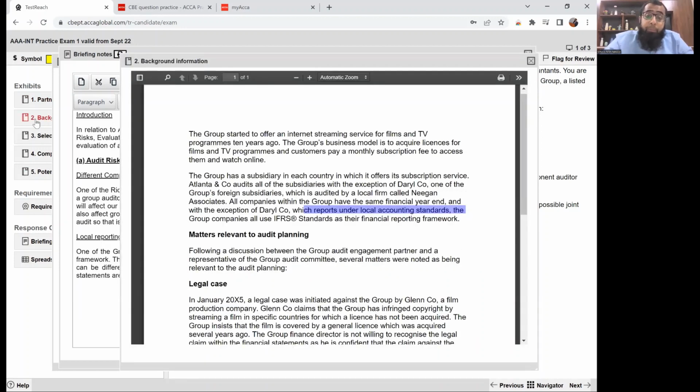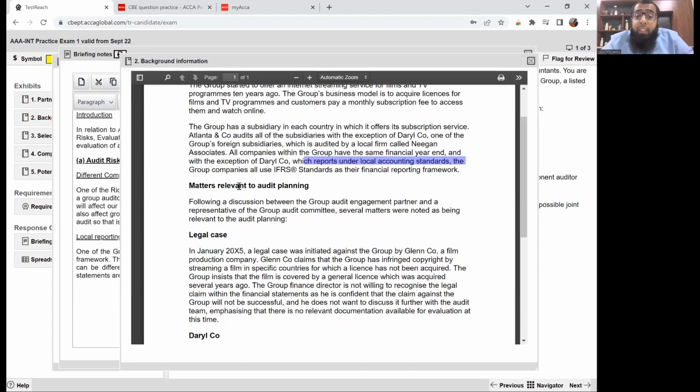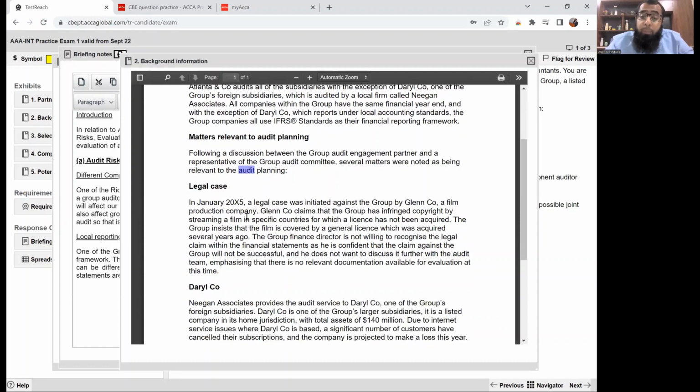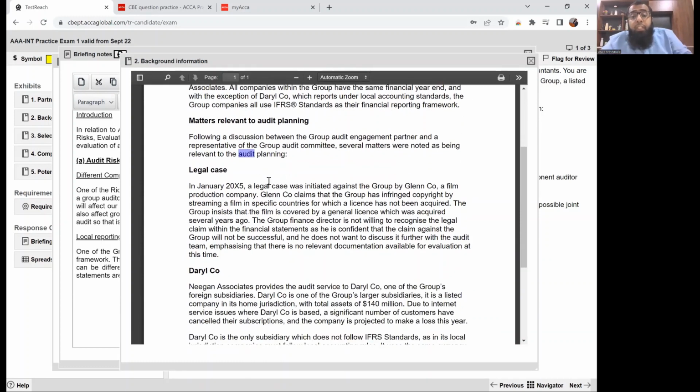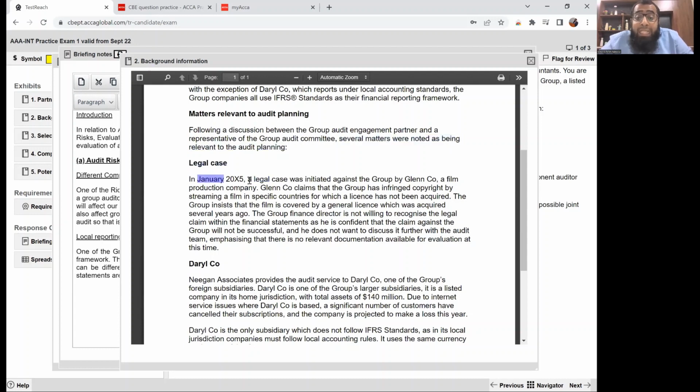Let's look forward. Matters relevant to audit planning. Following a discussion between the group audit engagement partner and a representative of the group audit committee, several matters were noted as relevant to audit planning. In January 2005, a legal case was initiated against the group by Glenn Company, a film production company.